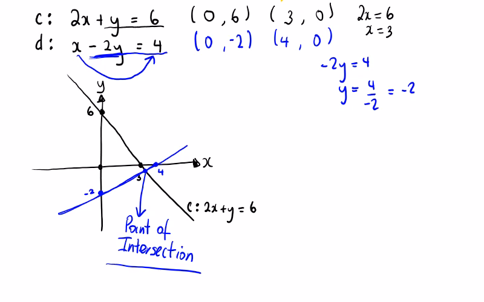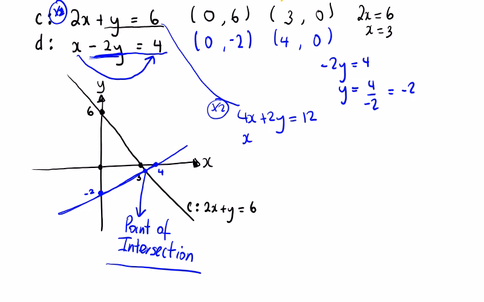We have 2x plus y is equal to 6, and x minus 2y is equal to 4. So if I multiply this top line by 2 and bring it down here, we're going to get 4x plus 2y is equal to 12.